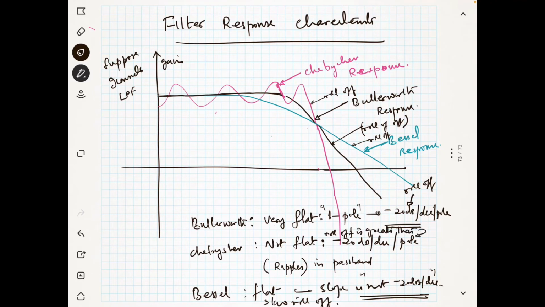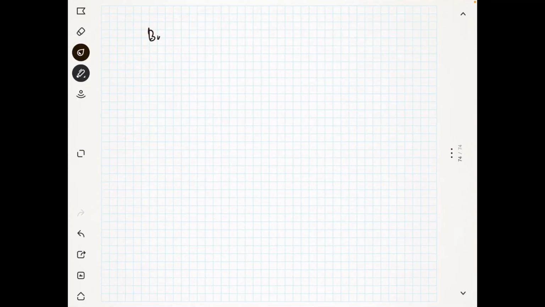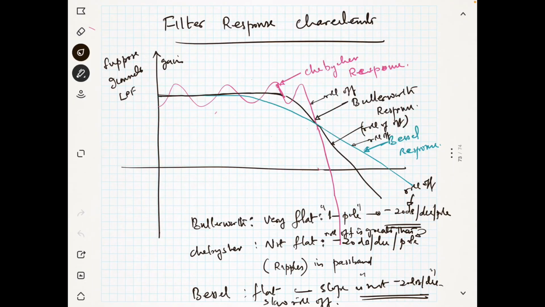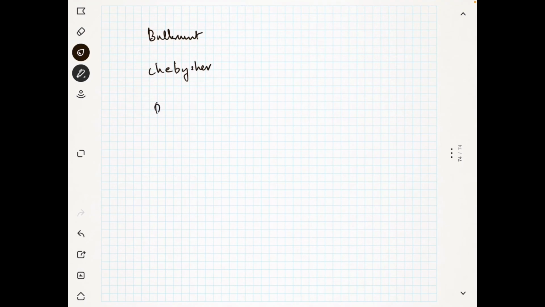So this is Butterworth, then Chebyshev, and Bessel. Here Butterworth is minus 20 dB per decade per pole.